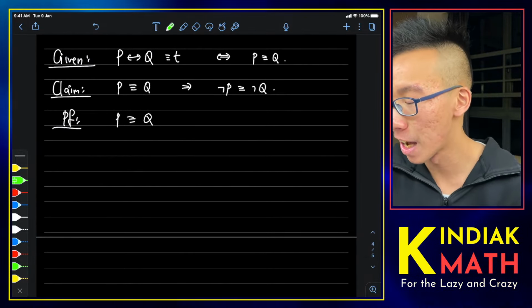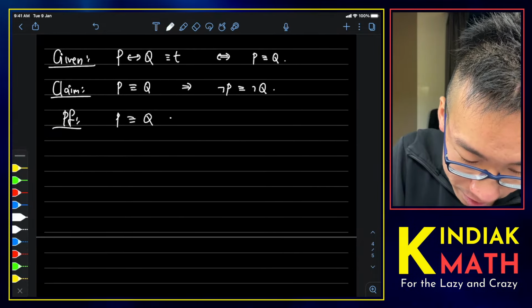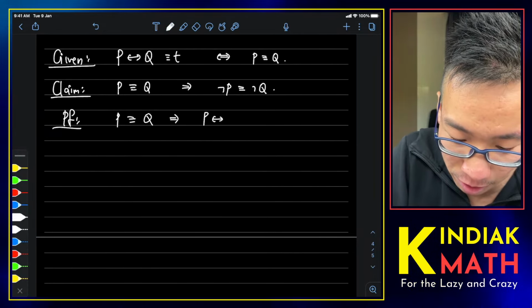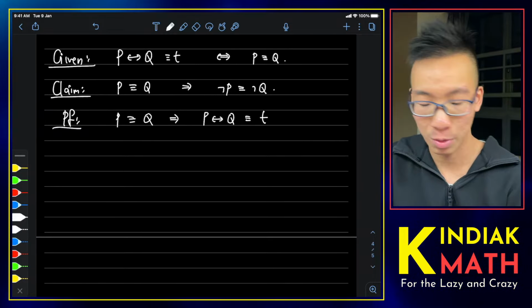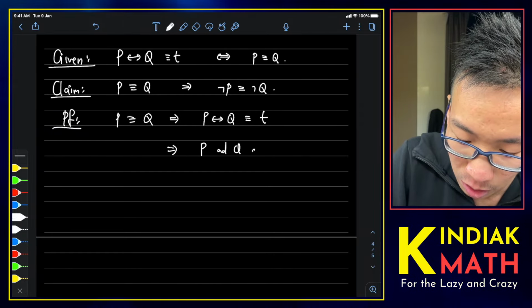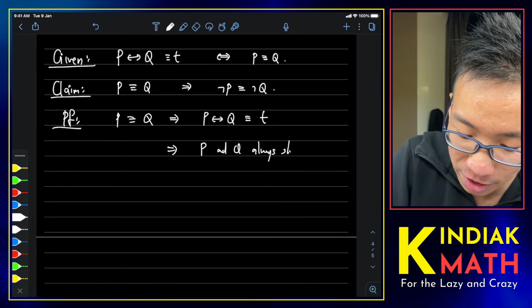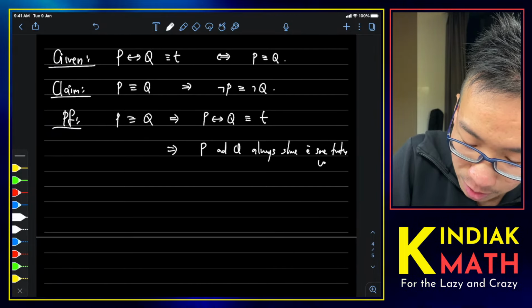Okay, so where are we? P equivalent to Q. Well, this tells us that P left right arrow Q is equivalent to a tautology, which means that P and Q always share the same truth values.